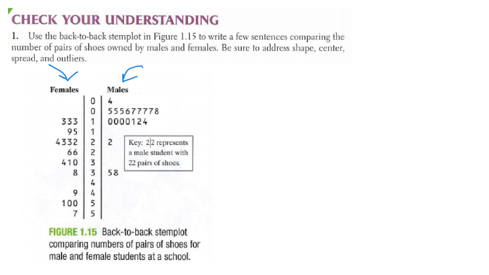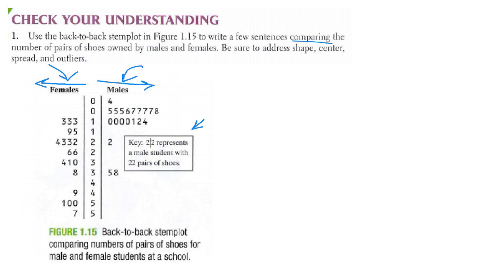It's got a key, and you'll notice they're what's considered back to back. So males are running in this direction, females are running in this direction. Okay, so that can allow you to compare these numbers amongst the two. So this question here is asking you to use the back-to-back stem plot to compare the numbers of shoes owned by males and females.